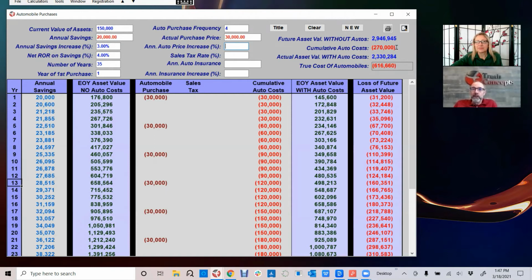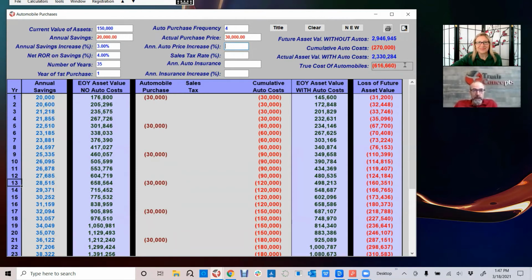We bought $270,000 worth of cars in this case. And if we look at the asset value, we end up with $2.3 million, which is a difference of $616,000.